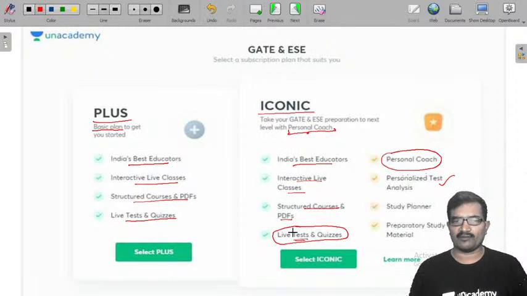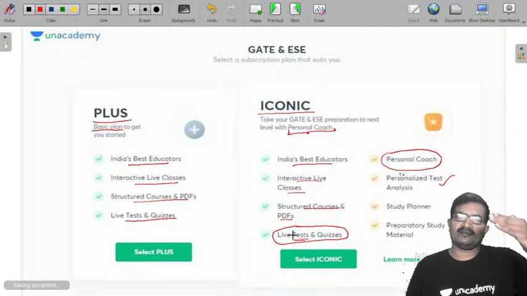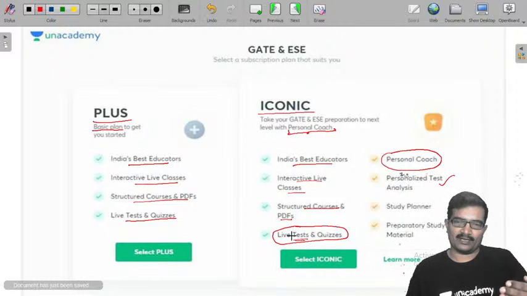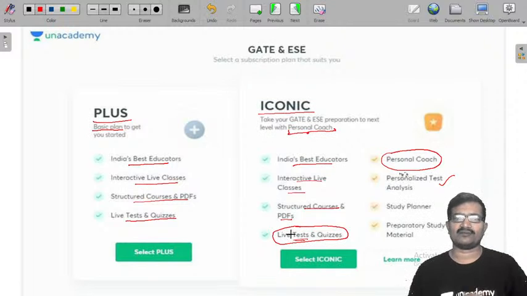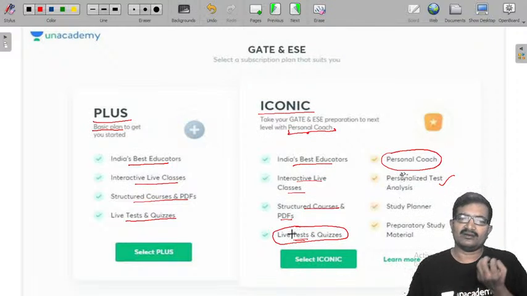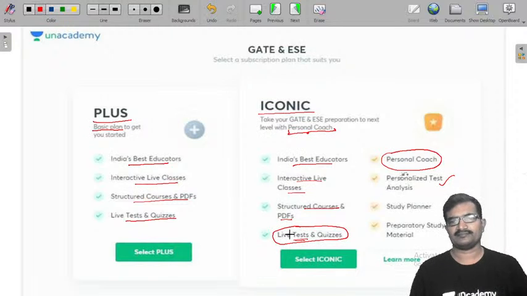By thorough study of your answer sheet, they will prepare where you are strong, where you need more preparation, and where you are committing mistakes. That is the personalized test analysis.